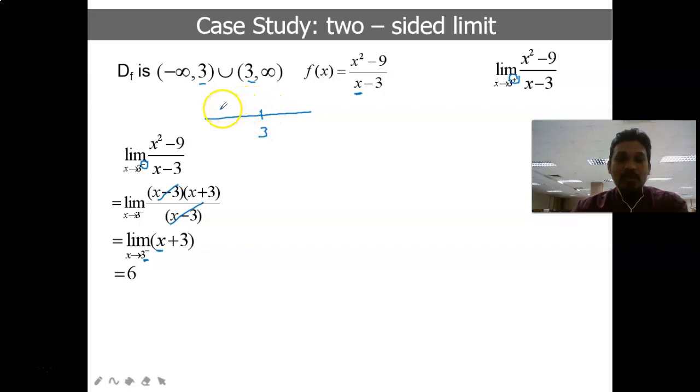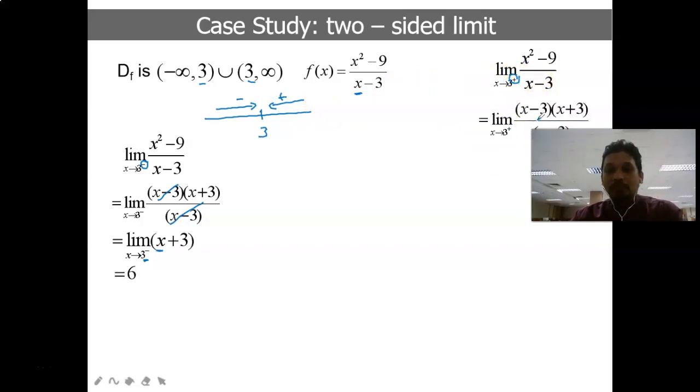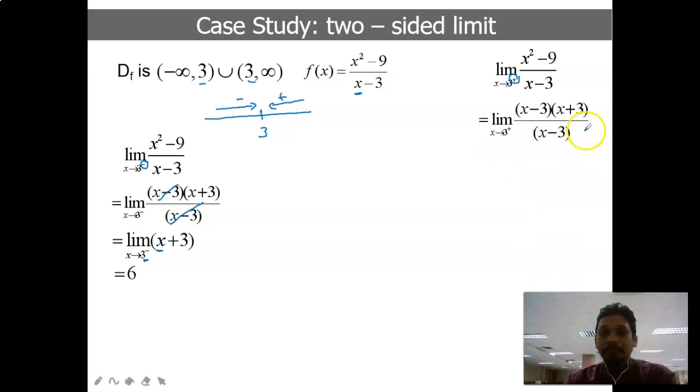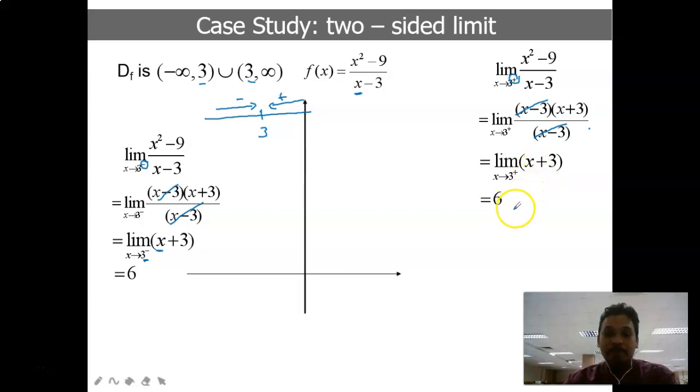We're looking at the behavior when x approaches 3 from the left and x approaches 3 from the right. When x approaches 3 from the right, we factorize and divide, and we get x plus 3. Substitute x equal to 3 here, and it's also equal to 6. So the graph will be something like this.